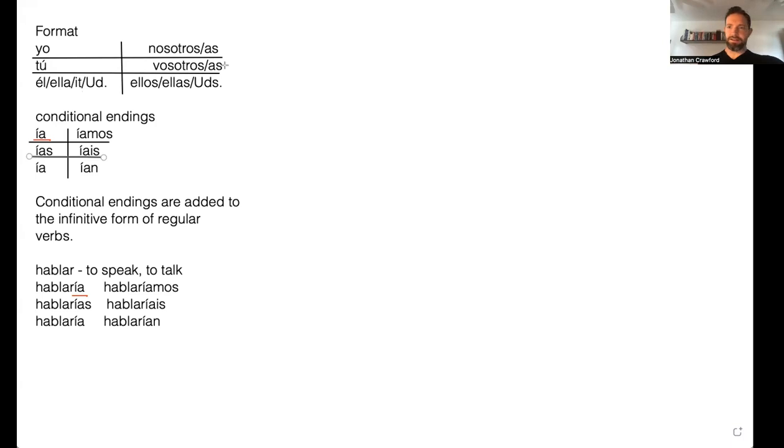Vosotros means you guys in Spain. Ellos means they. And so does ellas, but ellas is they only if they're all females. And then ustedes means you guys in Latin America, not to be confused with vosotros. Vosotros means you guys in Spain, and ustedes means you guys in Latin America.